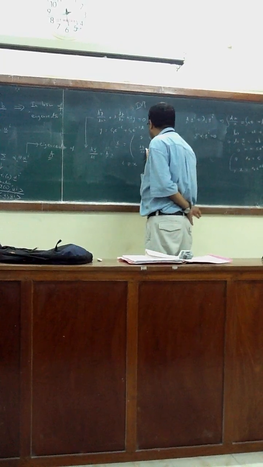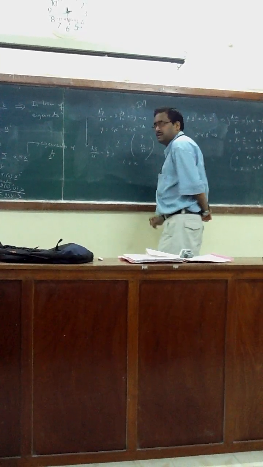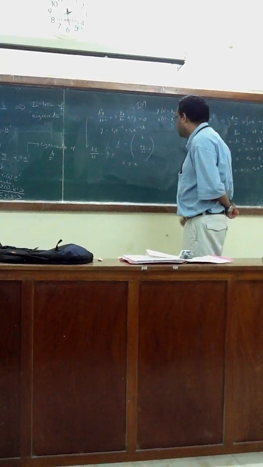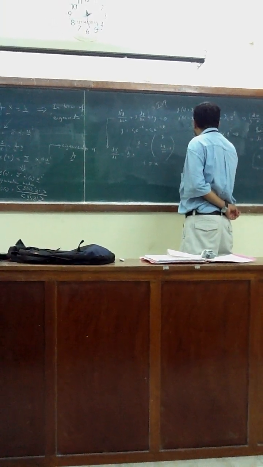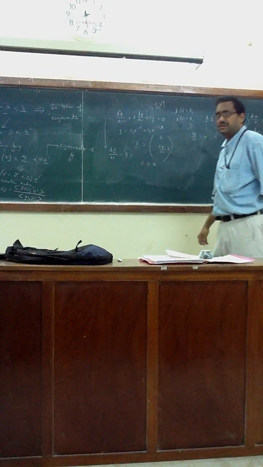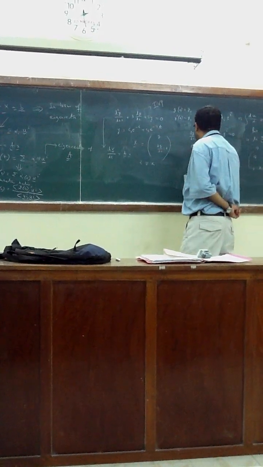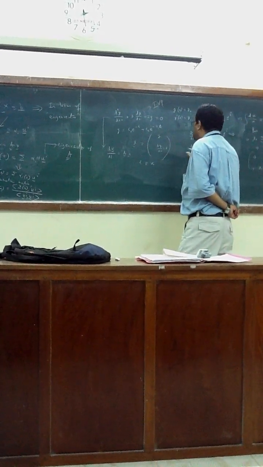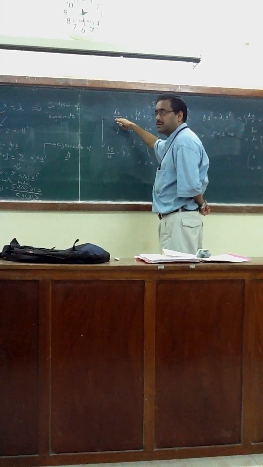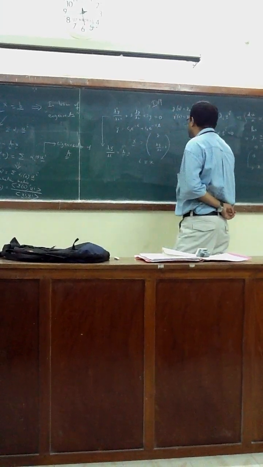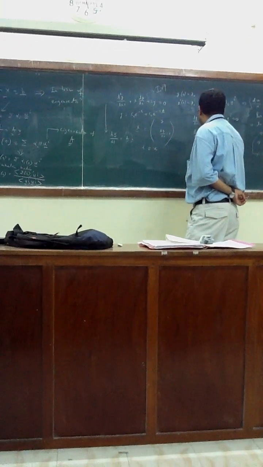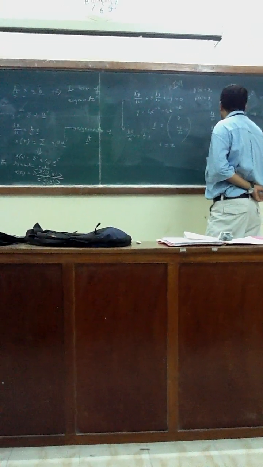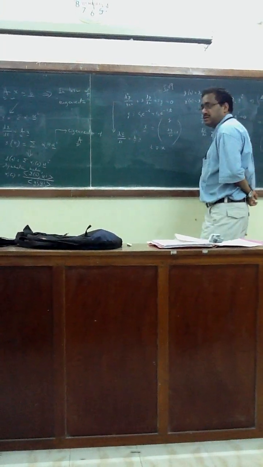So I'm defining dy/dx as z. So dy/dx equals z, right? And dz/dx equals d2y/dx2 equals minus 3 dy/dx minus 2y, that means minus 3z minus 2y.